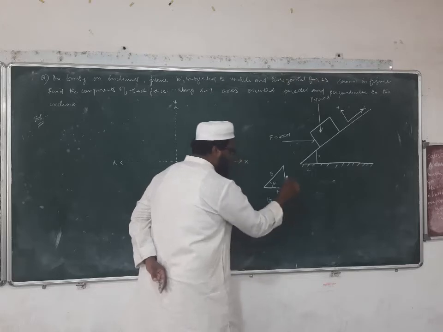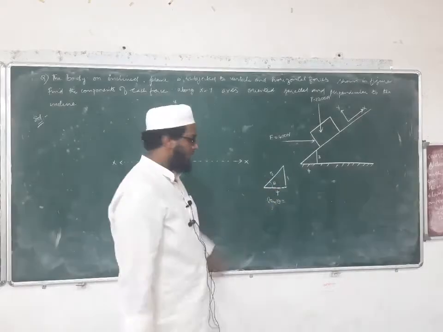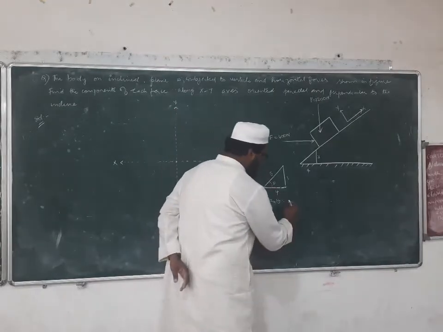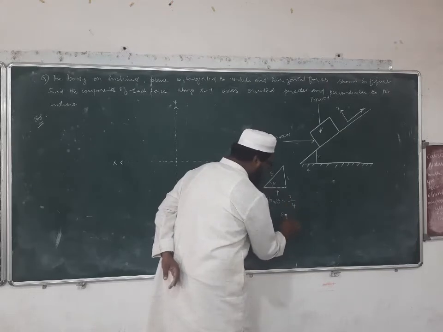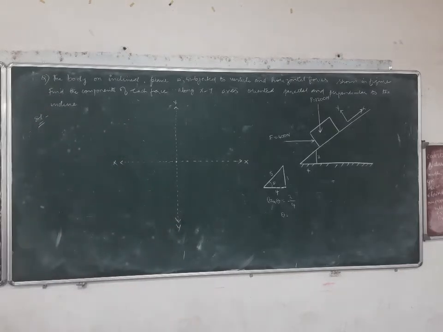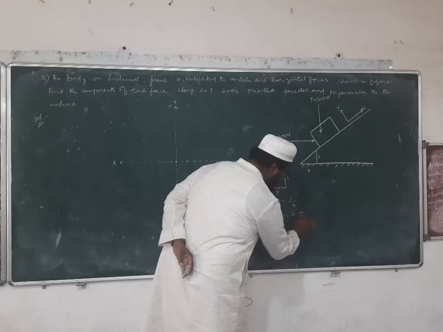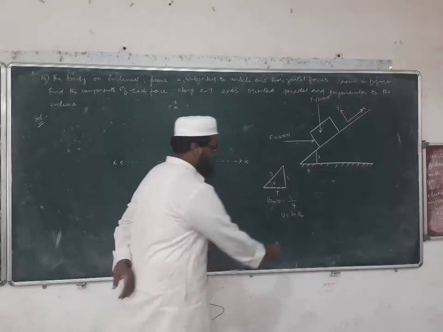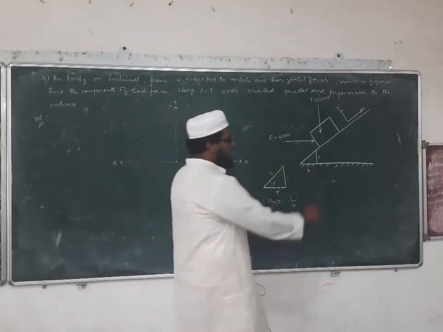Tan theta is equal to height by base, isn't it? 3 by 4. So theta is equal to tan inverse of 3 by 4, which is 36.86 degrees. So this angle is how much?